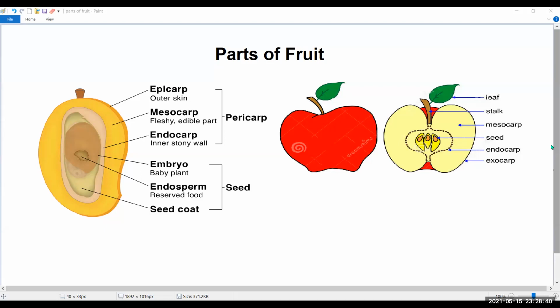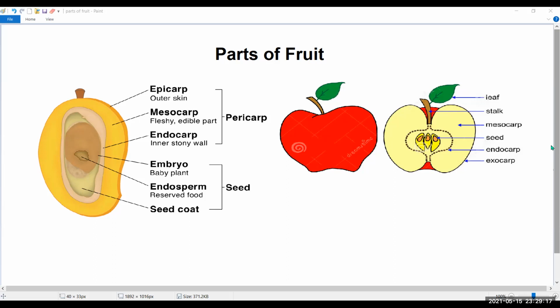A fleshy fruit consists of two parts, pericarp or fruit wall and a seed. Pericarp develops from the ovary wall. It is thick in fleshy fruits and thin in dry fruits. It has three parts: epicarp, mesocarp and endocarp.